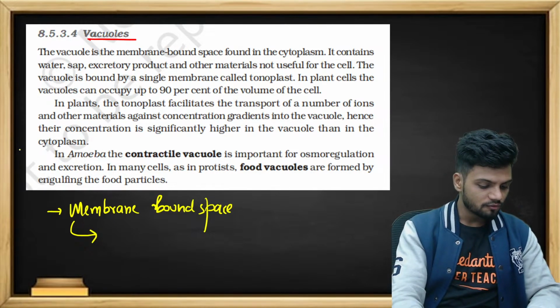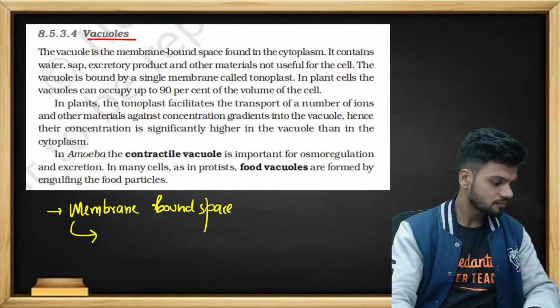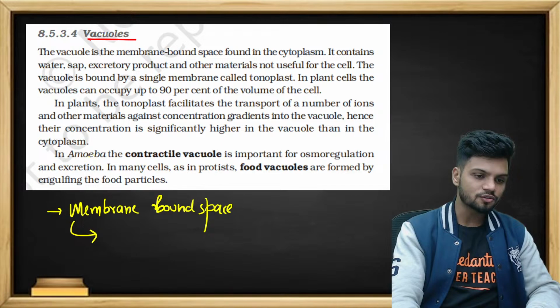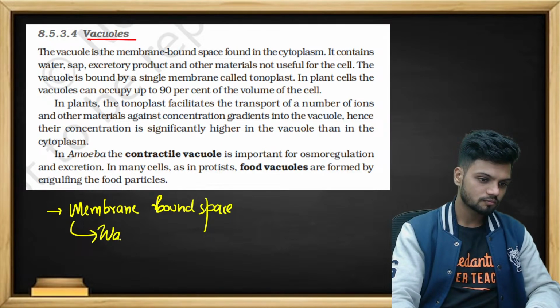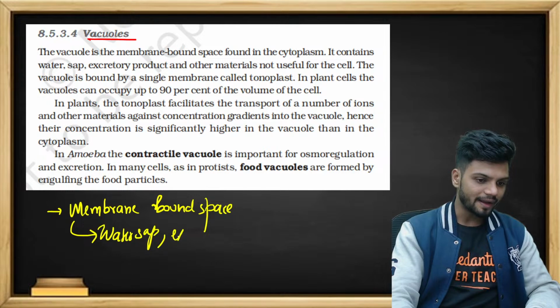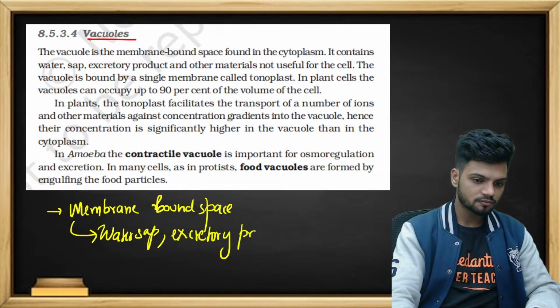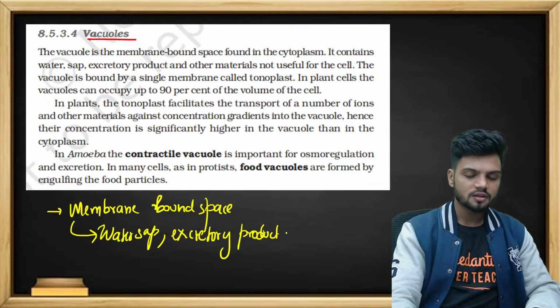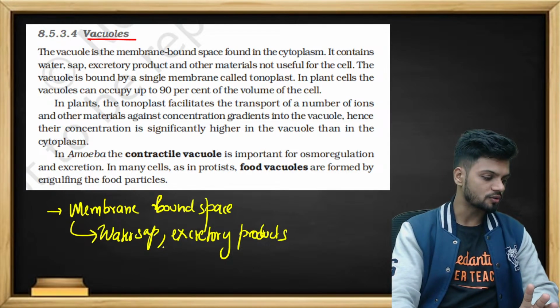For example, the plant can store water sap, and even the excretory products, store it in the vacuole.